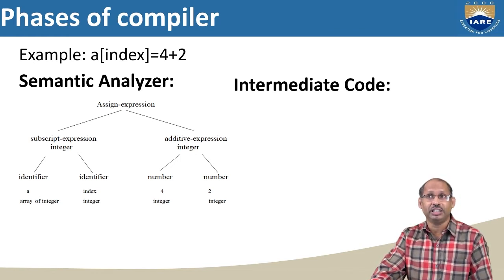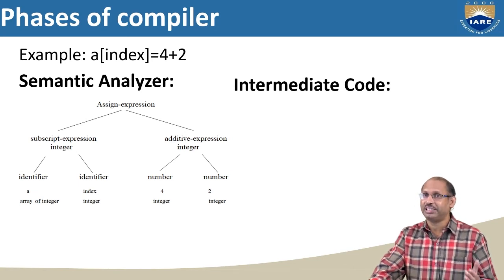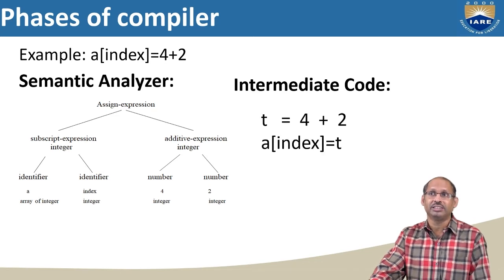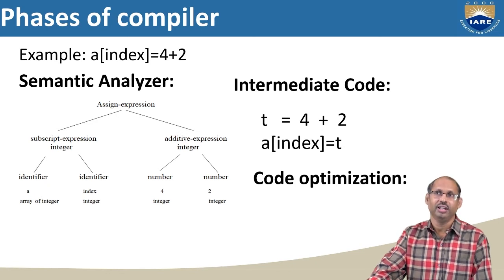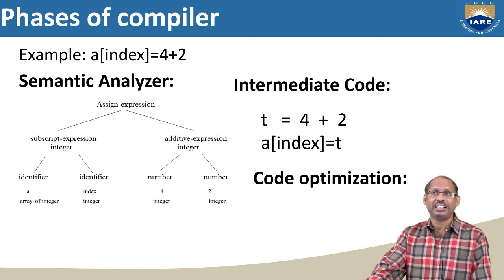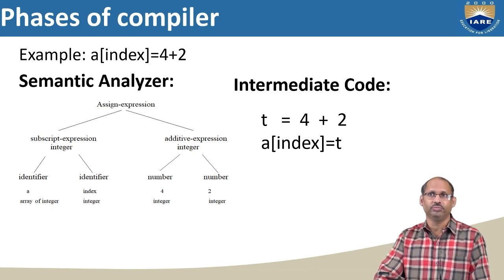What is the task of the intermediate code generator? Convert these abstract syntax trees to the intermediate form. One of the intermediate forms is three address code. Right? So here this expression is converted as t equal to 4 plus 2.